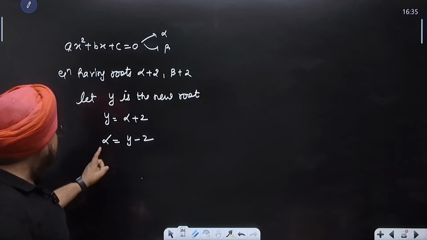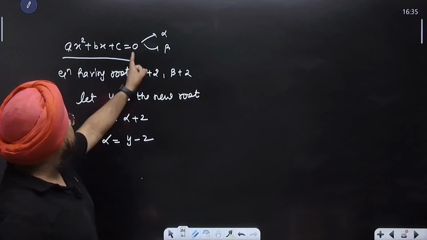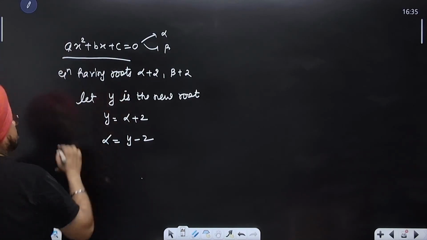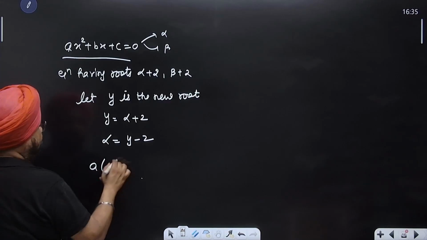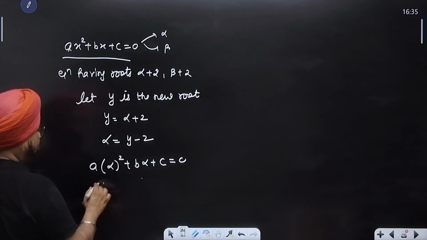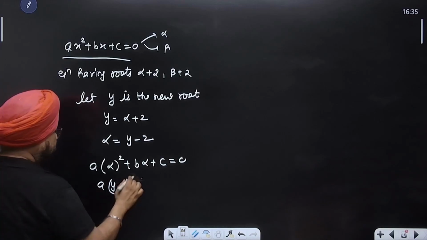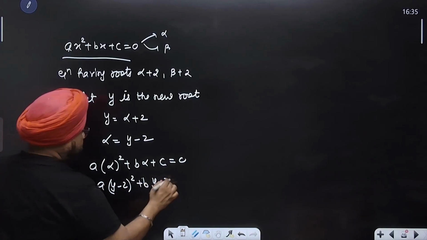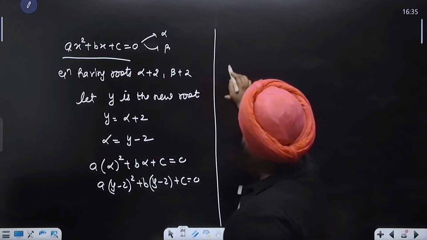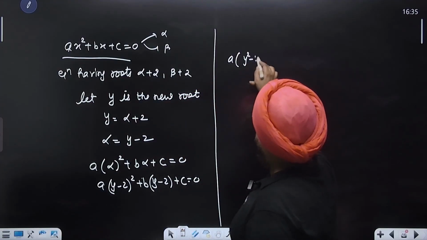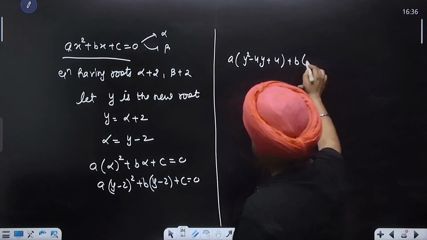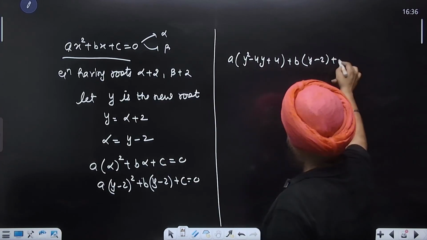Now we are given that alpha is the root of this equation. Alpha will satisfy this equation. So I will substitute alpha, and the value of alpha is y minus 2. From this we have found a quadratic equation in y.